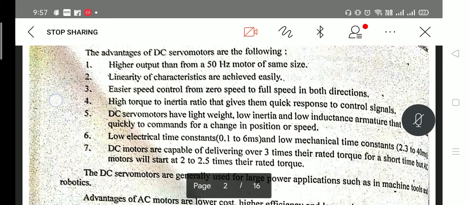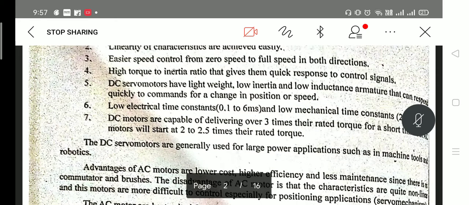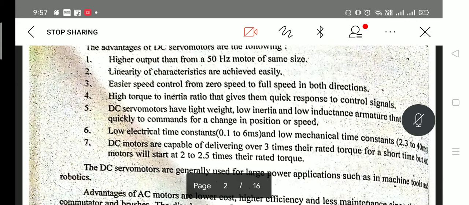DC servo motors are lightweight, so they have low inertia. We can change the commanded position or speed very quickly, within a short time. Okay. Here the electrical time constant is 0.1 to 6 milliseconds and the mechanical time constant is 2.3 to 40 milliseconds.